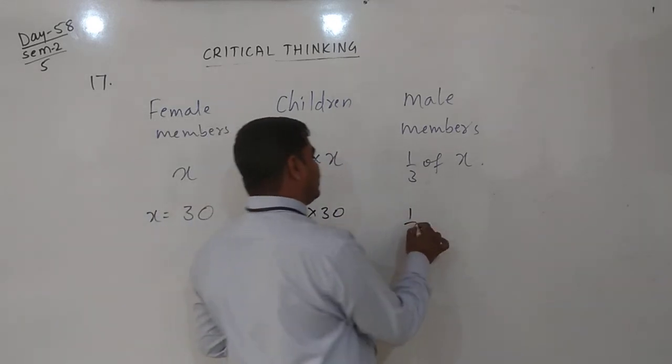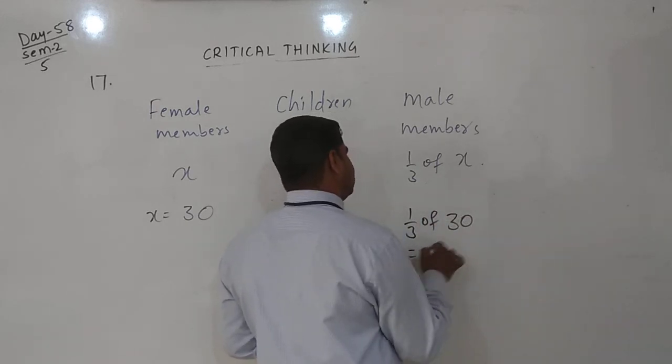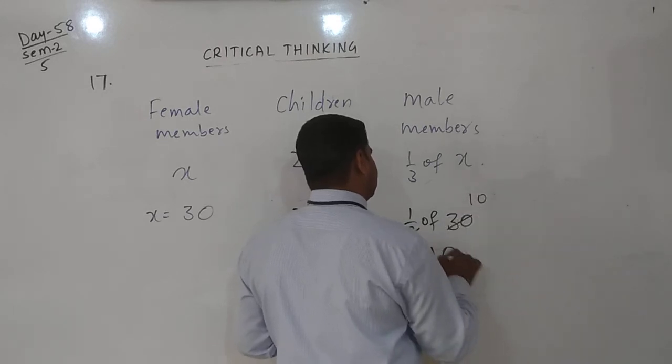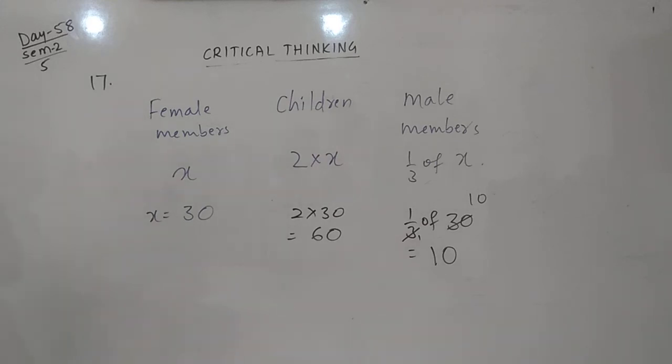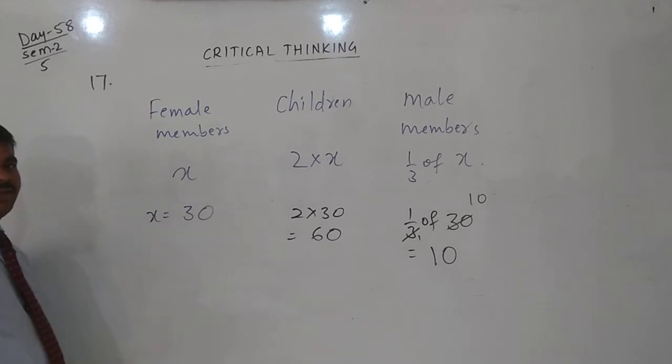Then 1/3 of 30, 3 tens are 30, so 10 male members. 60 children, 10 male members. Just write like this only. Very simple, yes or no?